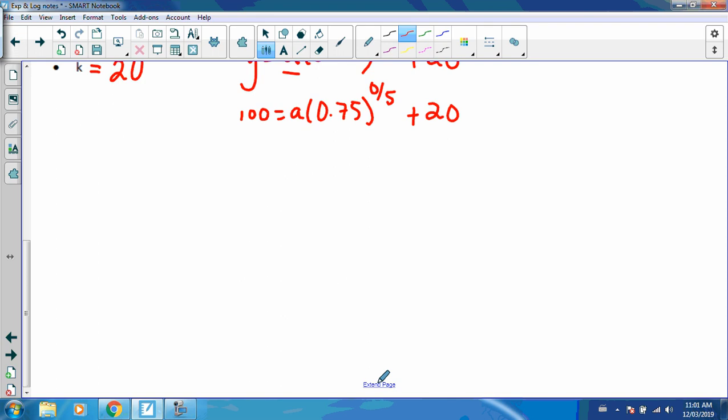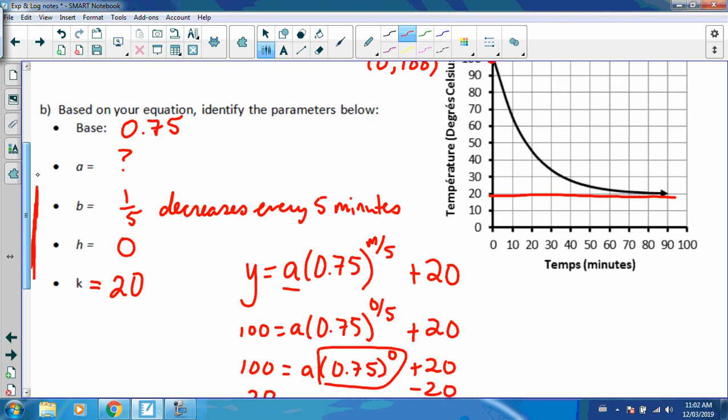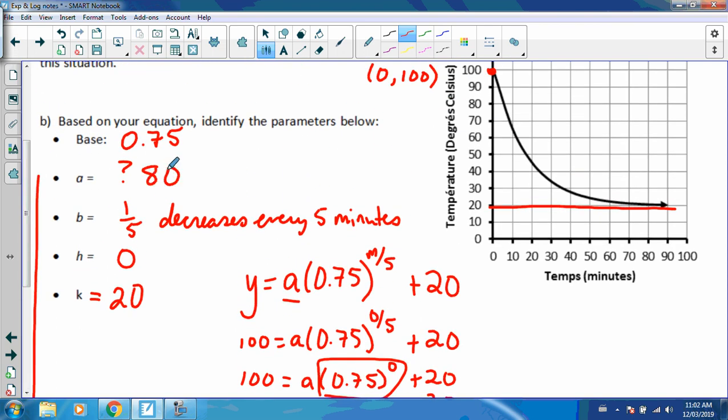So 100 equals A times 0.75 to the power 0 plus 20. I might start by subtracting this 20 from each side and get 80 equals A, since 0.75 to the power 0 is just 1. There is our A value. A turns out to be 80.